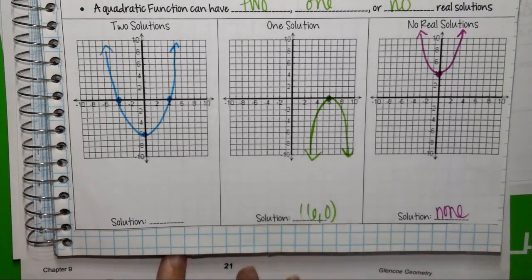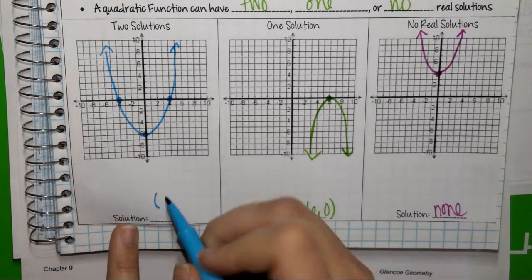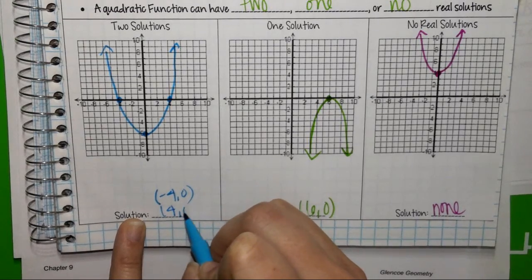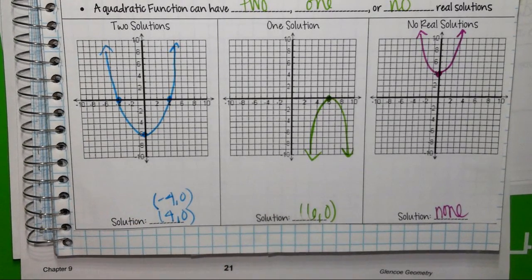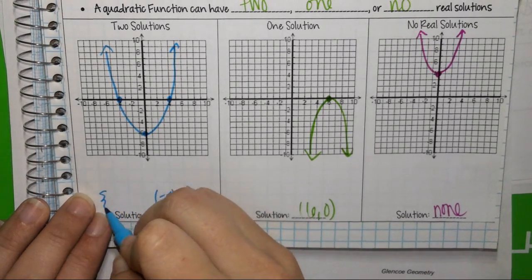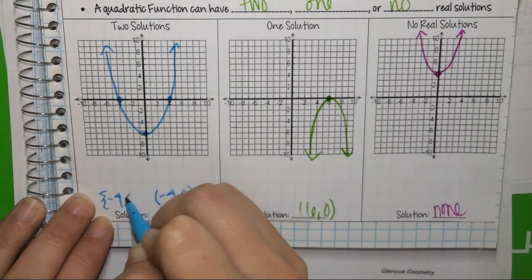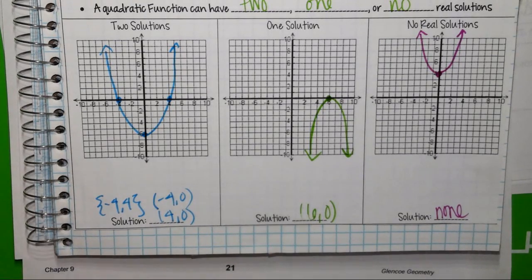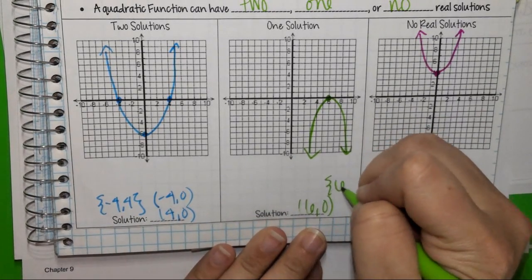And what are the coordinates of that? Good. I know what you meant. You can also write it in set notation, where you write it as negative 4, 4. Or you write this one as 6.